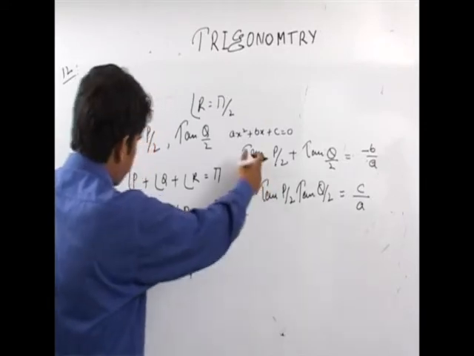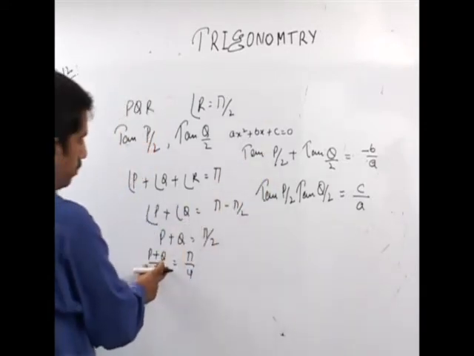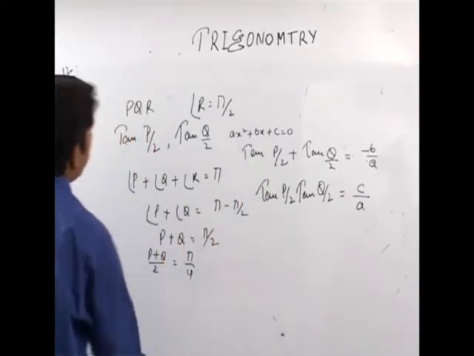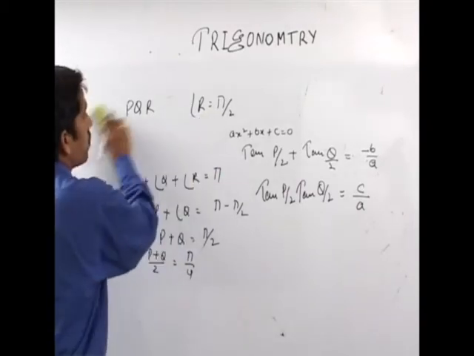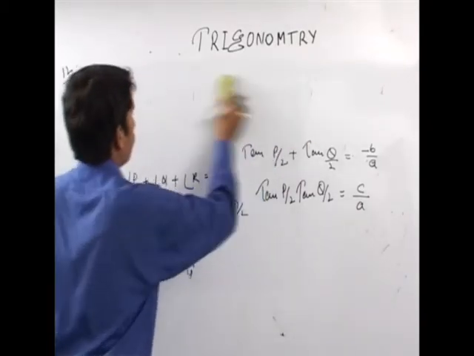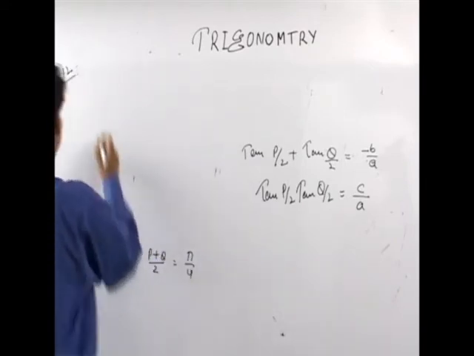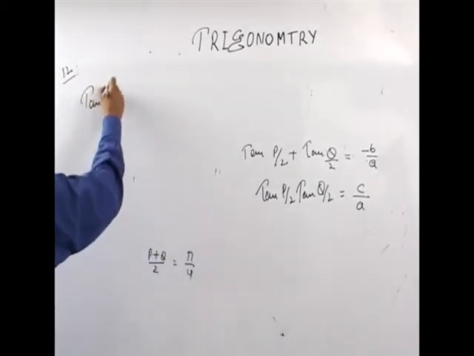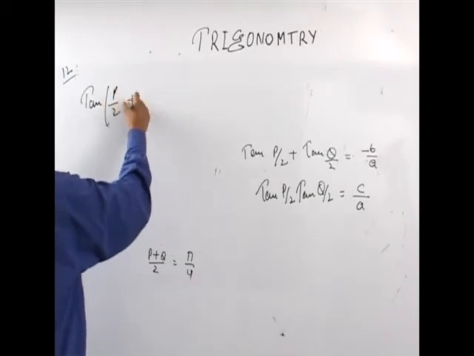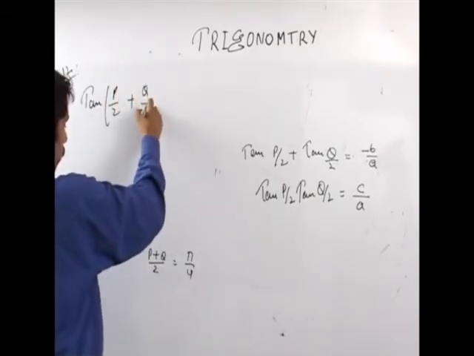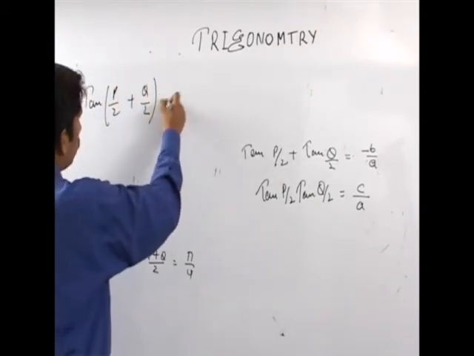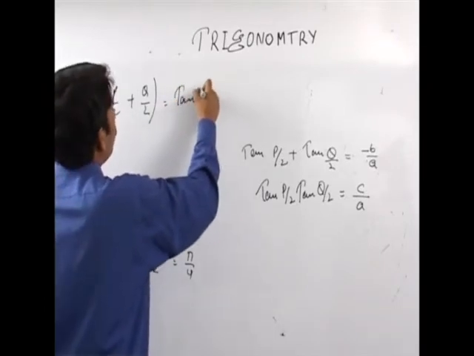Now we will apply tan here on both sides, and we will get tan of (P by 2 plus Q by 2) is equal to tan of pi by 4.